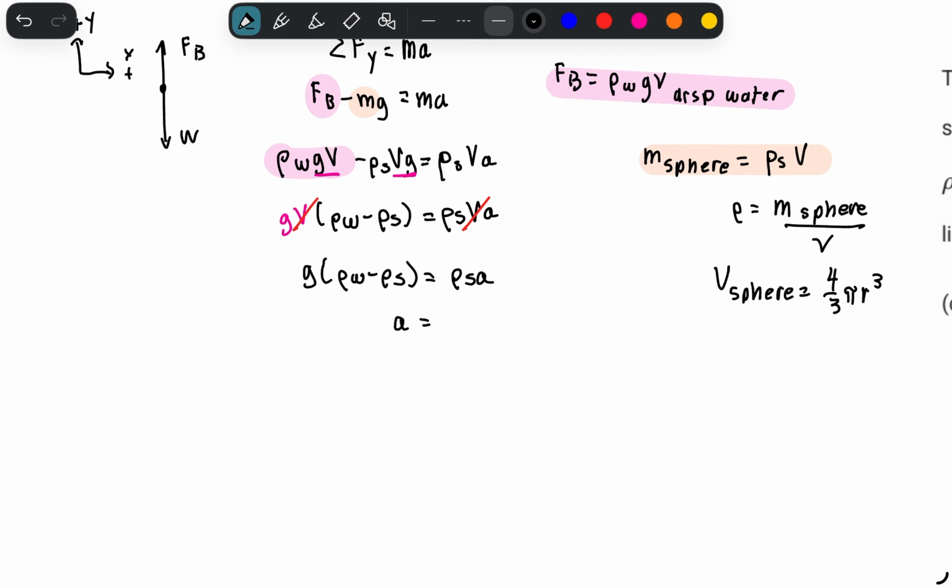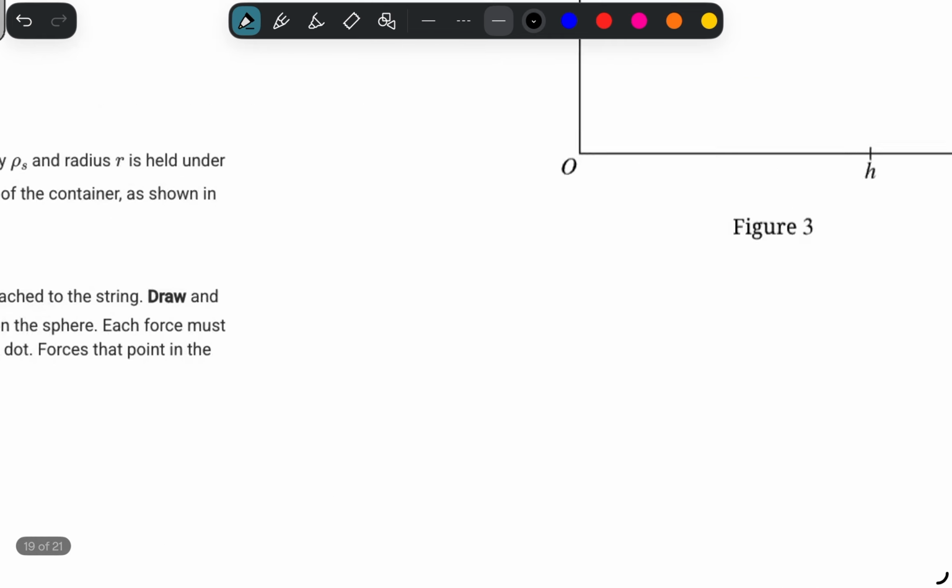So a is equal to g, density water minus density S, all divided by our density S. So you could also factor out that g from everything, leaving you with this, rho water over rho S minus 1. So our acceleration is going to be upward because we have a positive value.